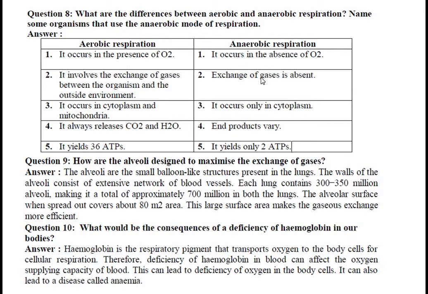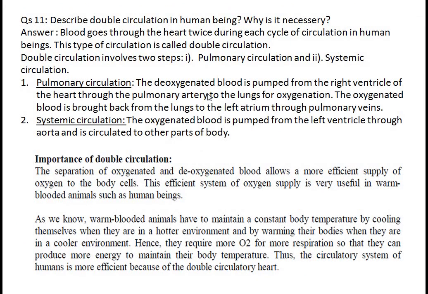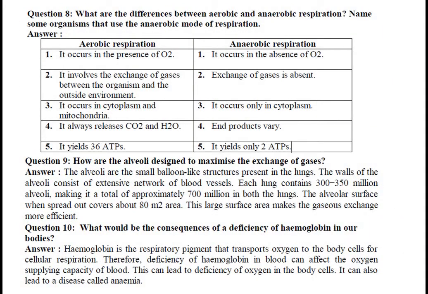Okay. And another point is, aerobic respiration involves the exchange of gases between organisms and the outside environment. Exchange of gases is absent in anaerobic respiration because air is not needed. If air is not needed, what is the need of exchange of gases? So there is no exchange of gases.